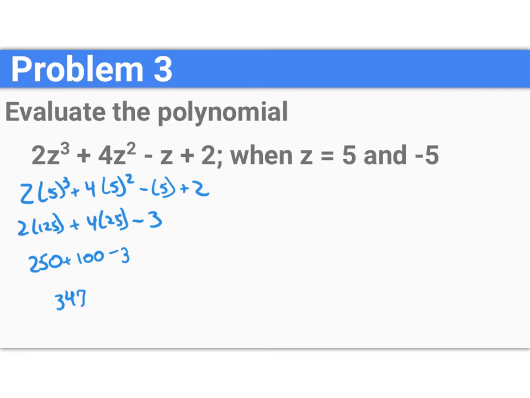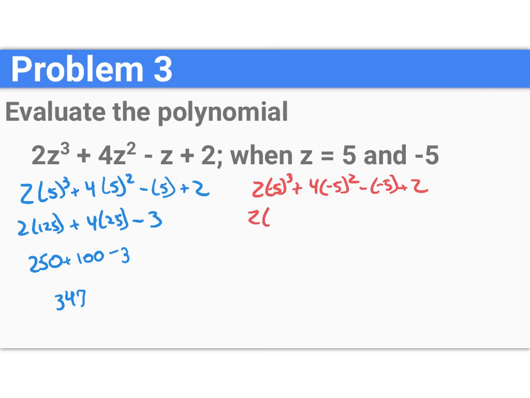Okay, let's do negative 5 in red. 2 times negative 5 cubed. And you see why we use parentheses to keep our signs straight. And it's going to make a big difference in this one.